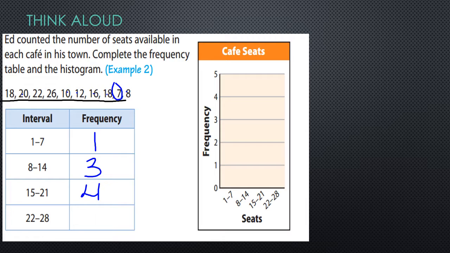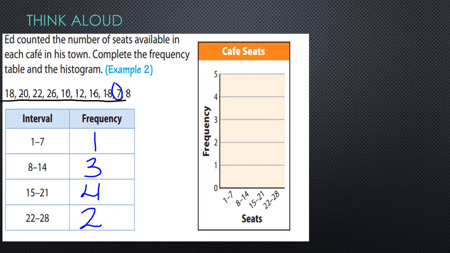And then the last one, 22 to 28, we only have 22 and 26, which makes the frequency 2. So now we can graph our frequencies on the histogram.